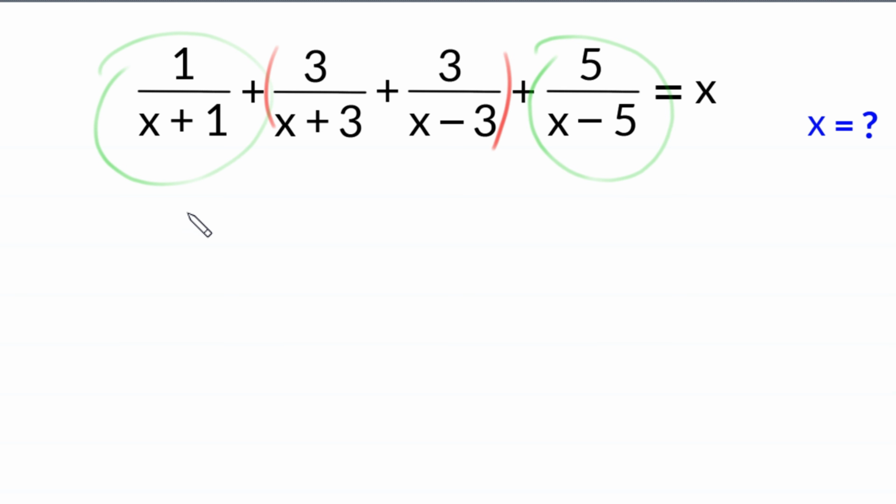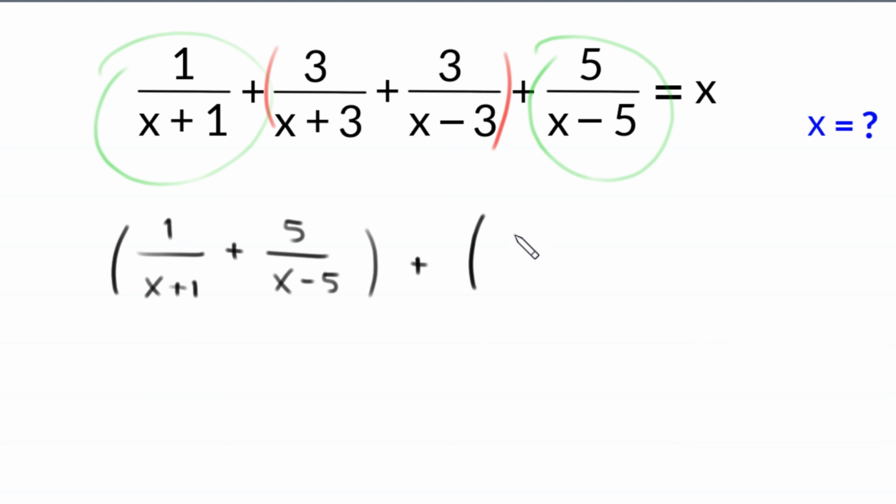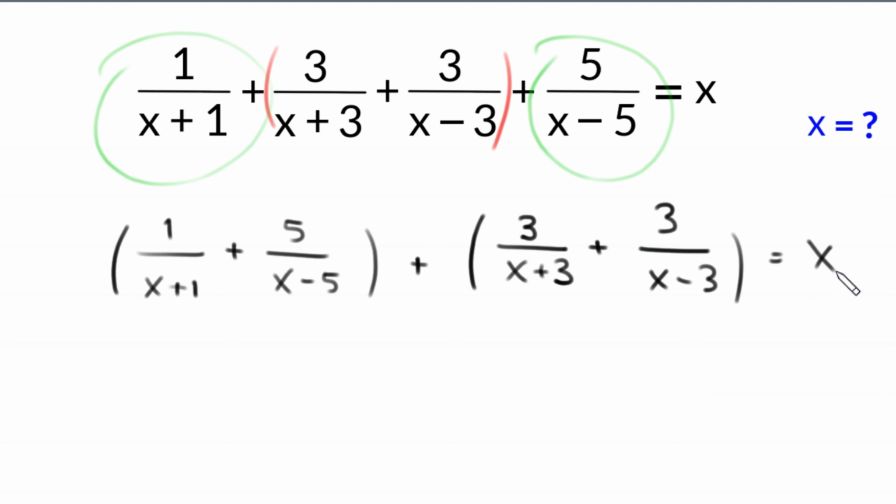So the equation will become 1 over x plus 1 plus 5 over x minus 5, plus in the second group we write 3 over x plus 3 plus 3 over x minus 3 equal to x, and we take the LCM of these two denominators.